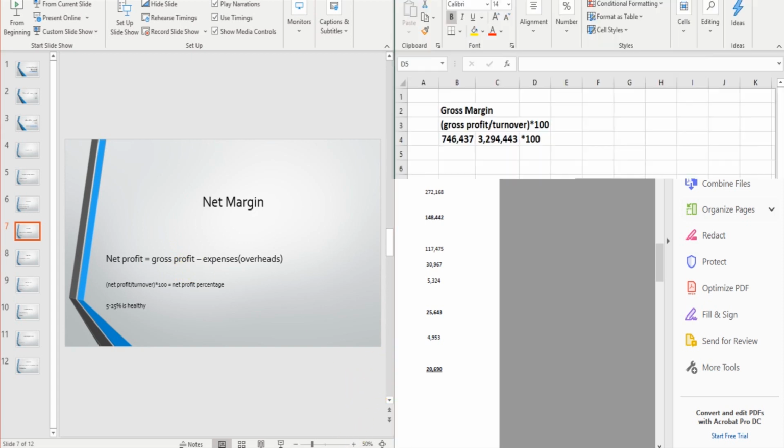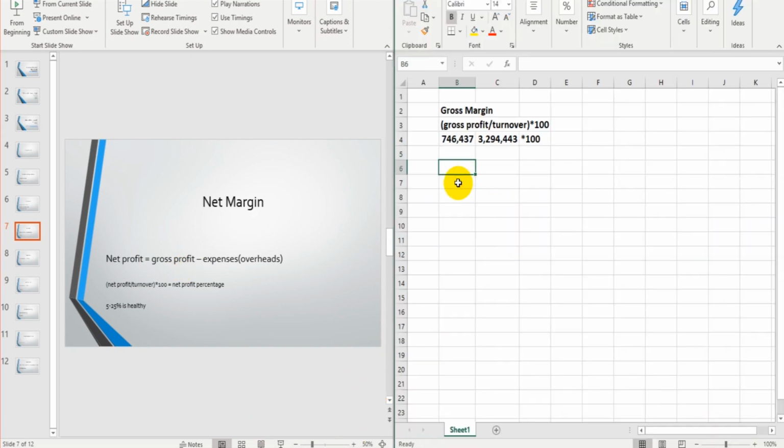So if we bring up the notes again, our net margin calculation is very similar to the gross margin. So net margin is net profit divided by turnover times by 100 gives us net profit percentage or net margin percentage.